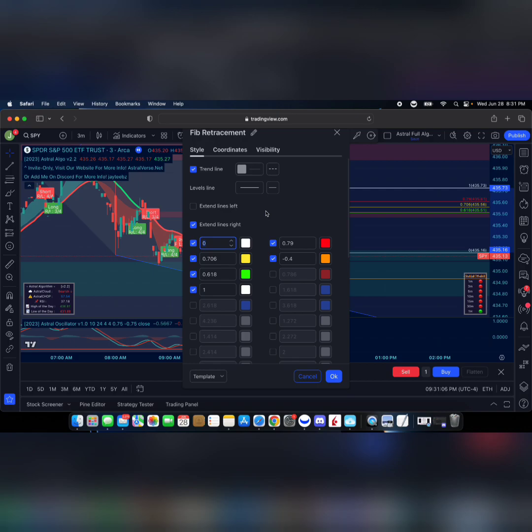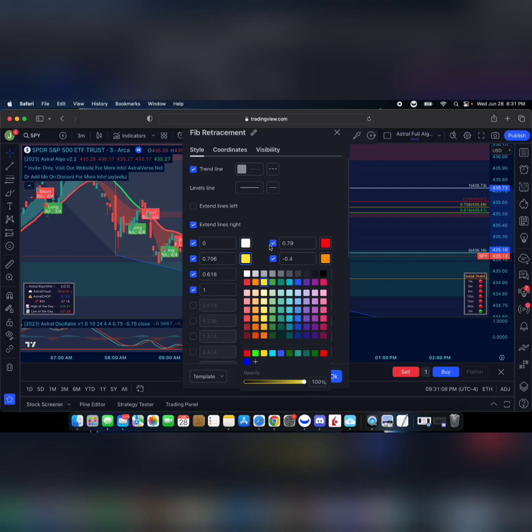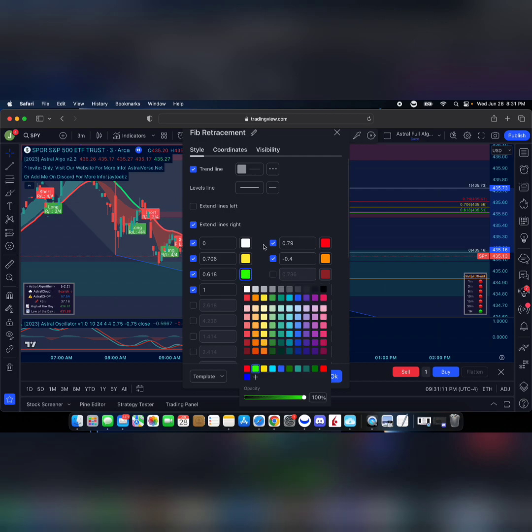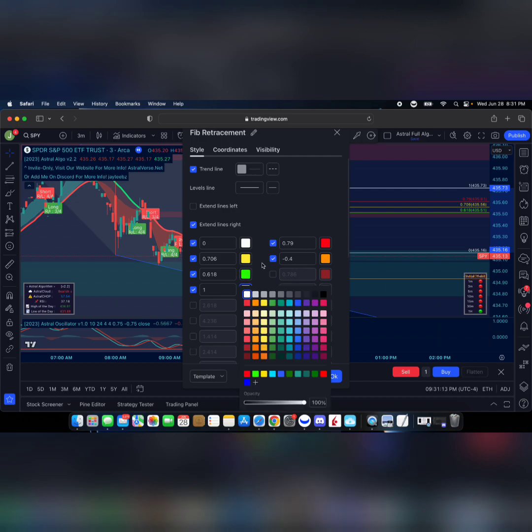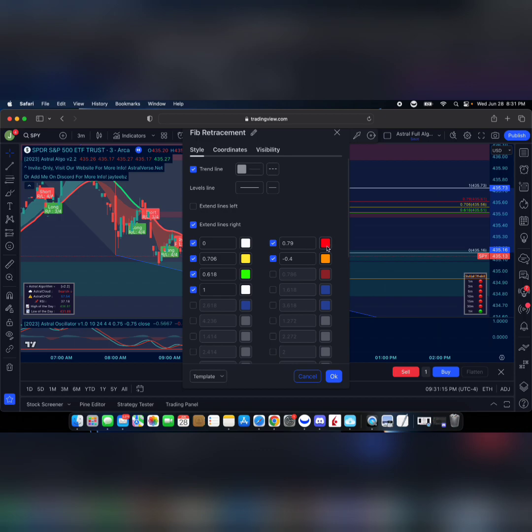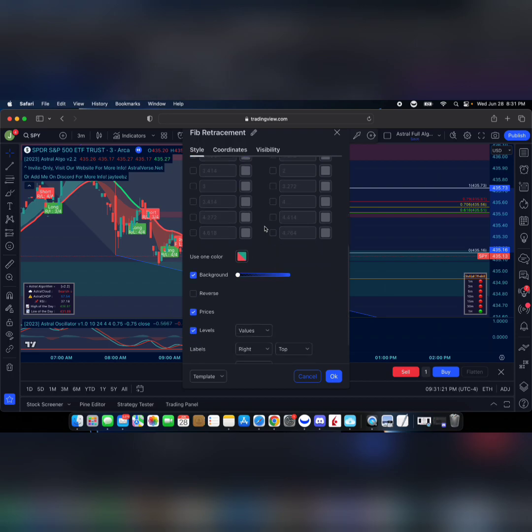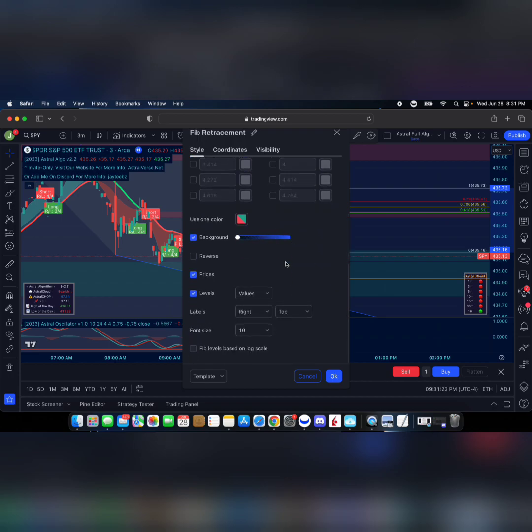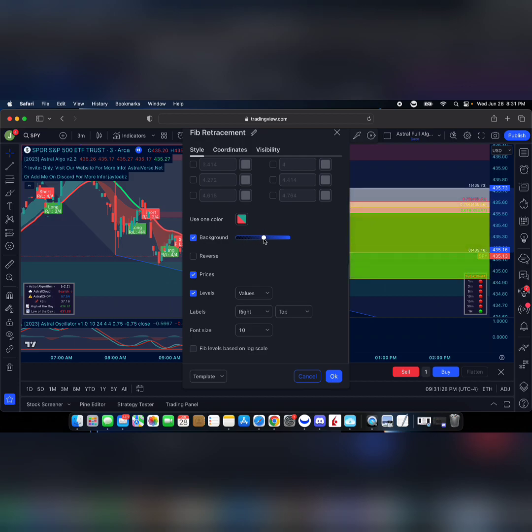Get the same colors if you want: yellow, green, white, bright red, and orange. This is how I use my settings. Background, see-through. You can see on the right side a lot of bright colors.